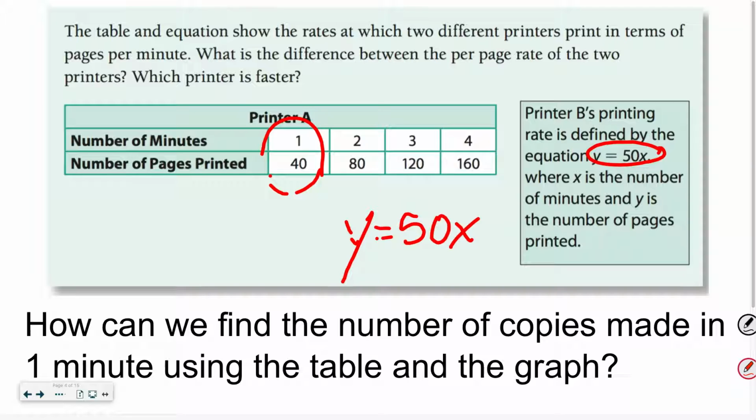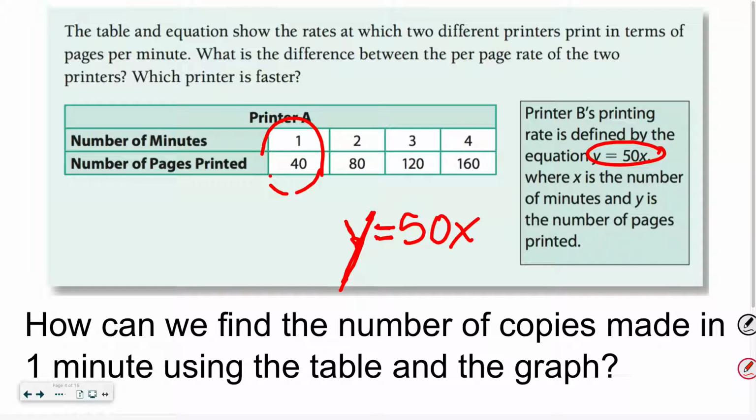Anybody? That's Marco who knows. Where can we look in this equation to find the unit rate? Or what number is it? By looking at the equation, do you know how many pages it prints in 1 minute? You do know. How many? For the equation, we know the table's 40. What about the equation?